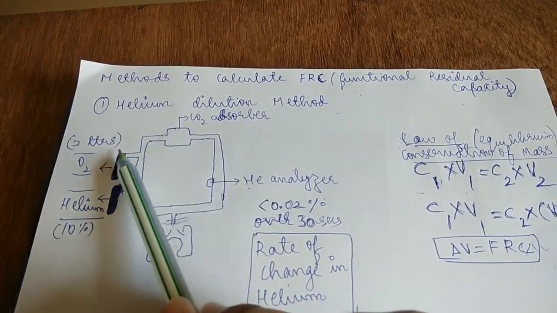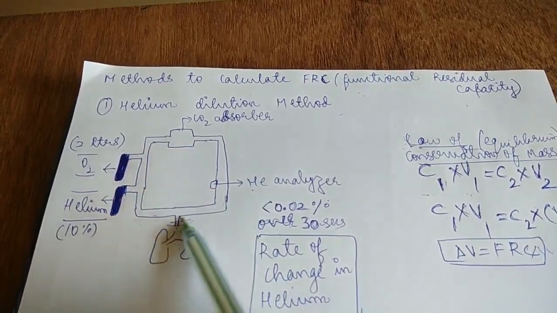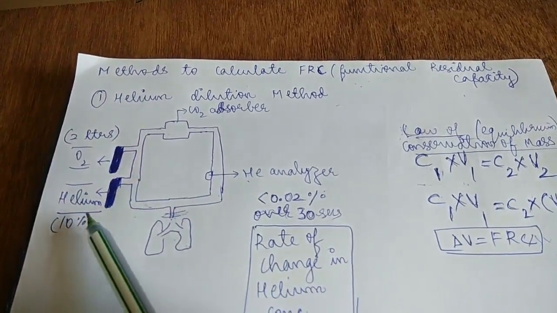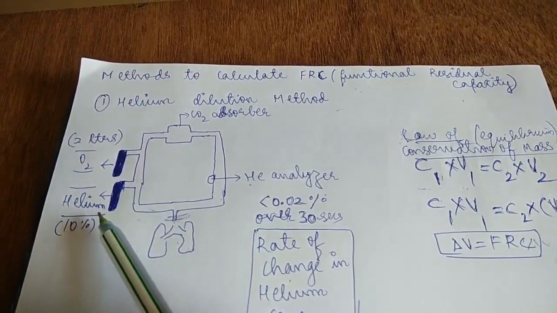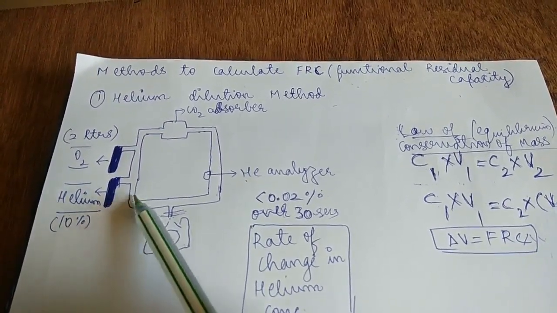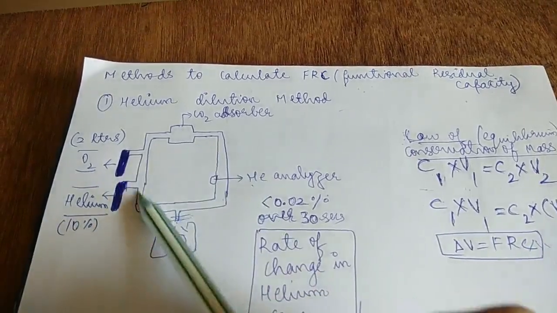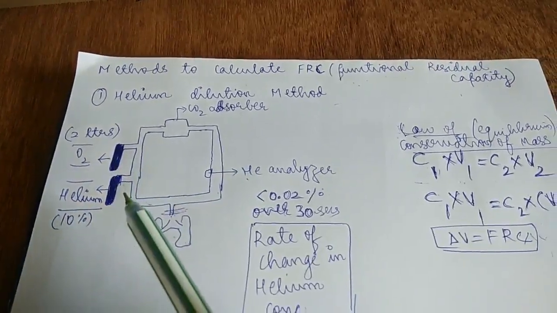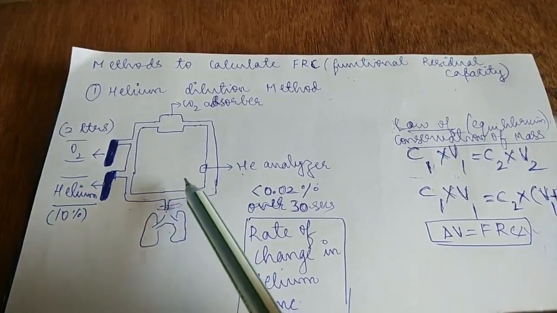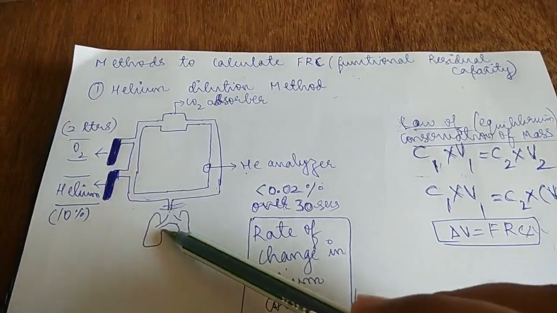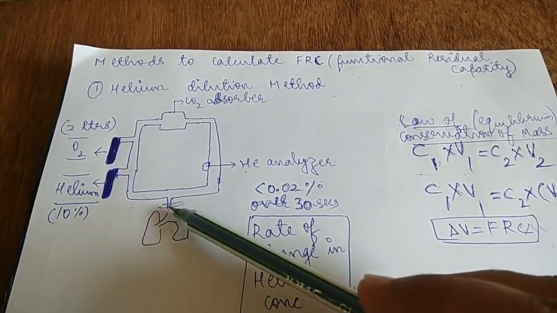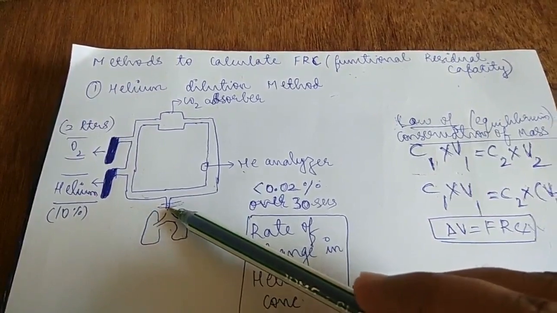Initially about 2 liters of oxygen is added to the circuit, and the volume of helium added to the circuit makes up about 10% of the total initial volume of the circuit. The person is made to sit here comfortably over the stool, and this is the mouthpiece, and this is a shutter.